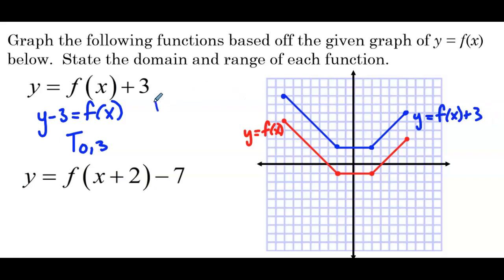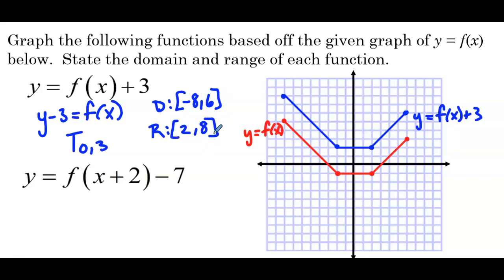So the domain of our graph, so left to right, we're going from -8 all the way to 6. So bracket -8 to 6. And our range going from bottom to top, lowest value is 2, highest value is 8. So bracket 2 to 8.